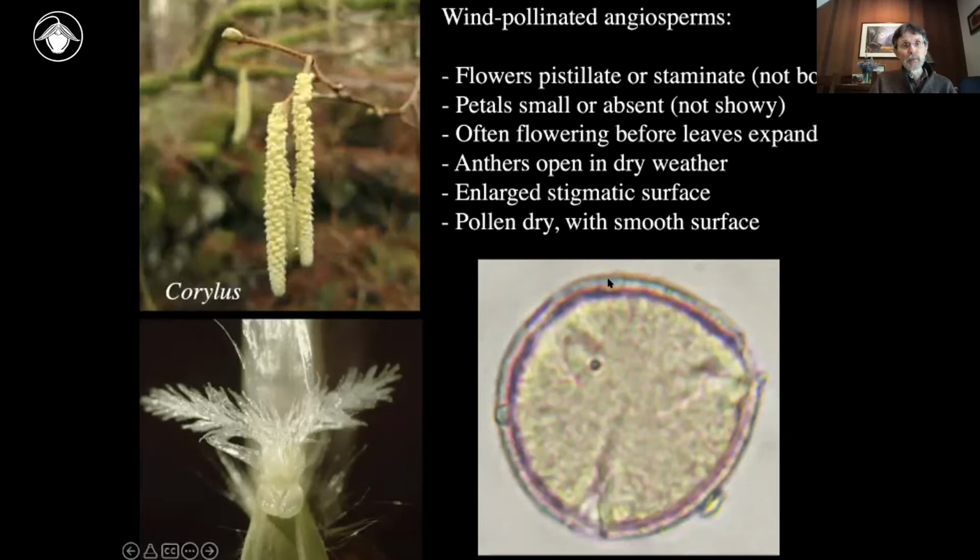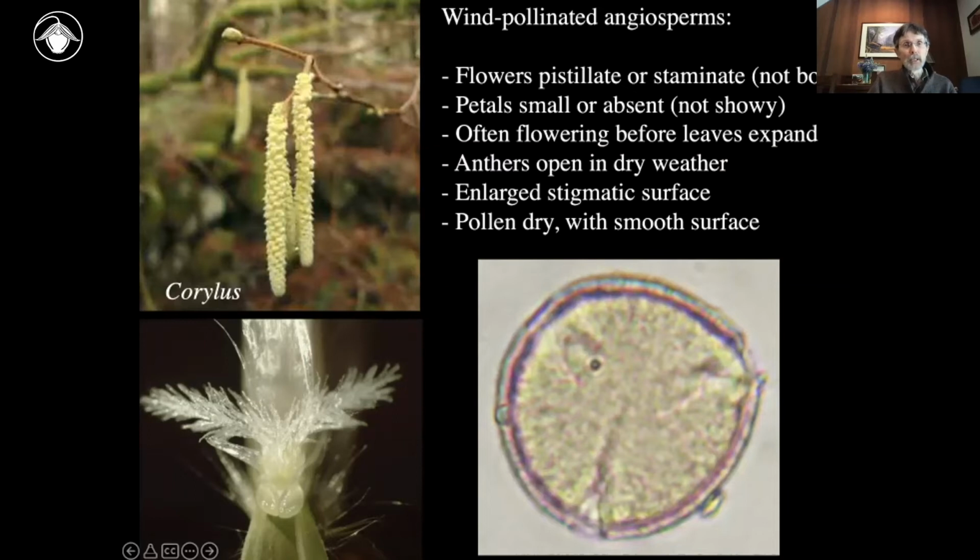In contrast, the pollen of animal pollinated plants is oily, and it has a sculptured surface, and those features help to allow the pollen to clump together and to adhere to an animal body. So in this case, though, the grains need to disperse from one another and carry through the air as easily as possible.